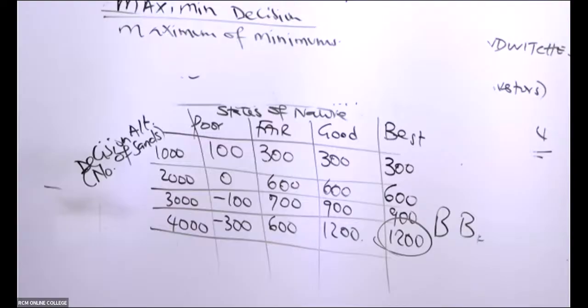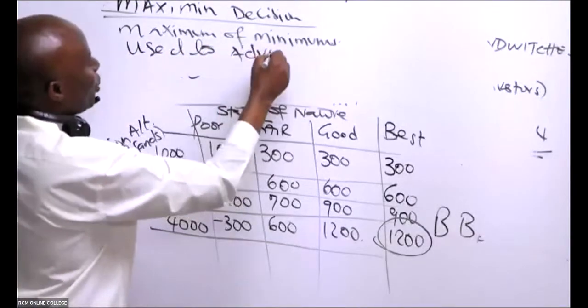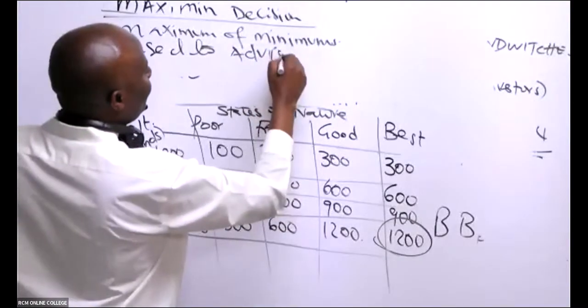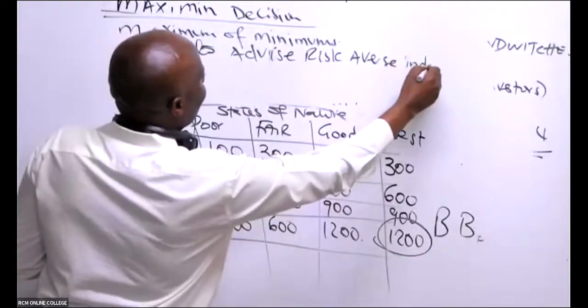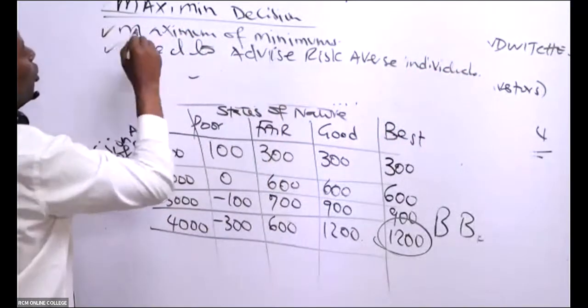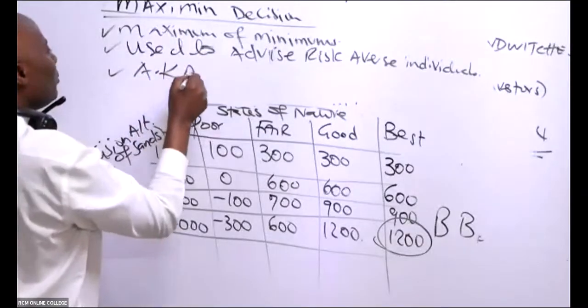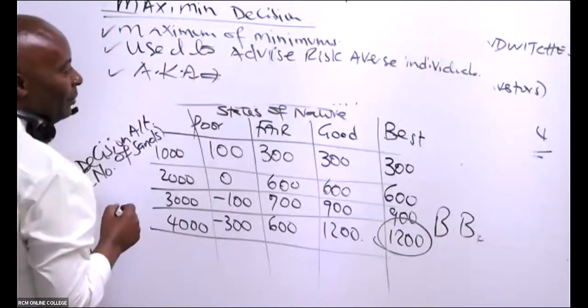I like what some student is telling me there. Used to advise risk averse investors or individuals like that. So it's also known as what? Best of minimum.